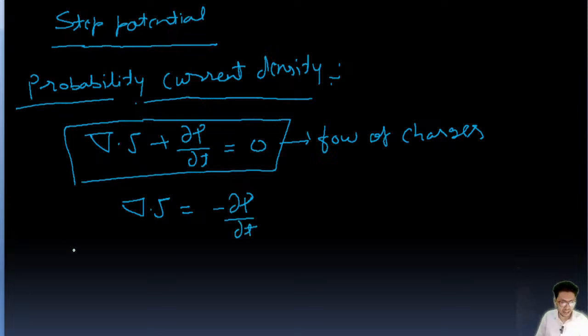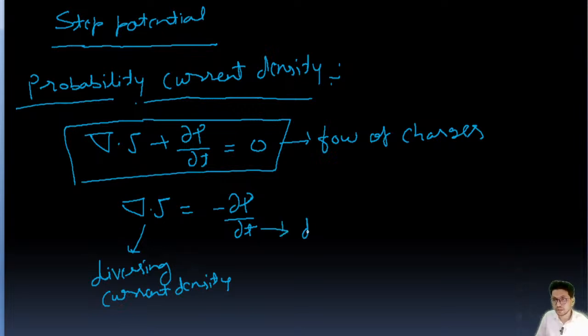This is called diverging current density, and this is called decreasing charge density.